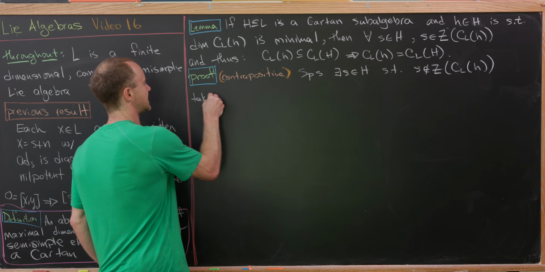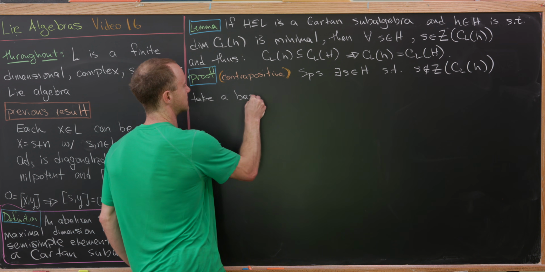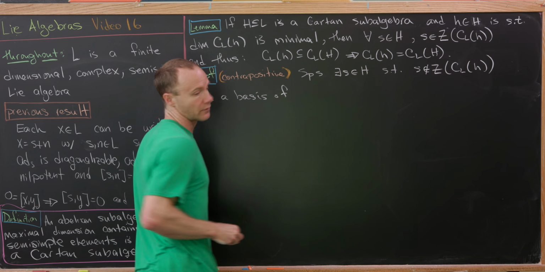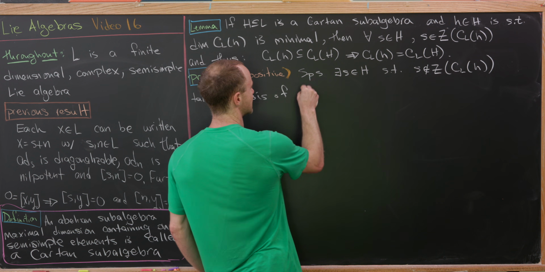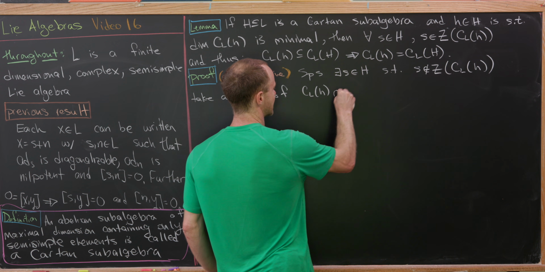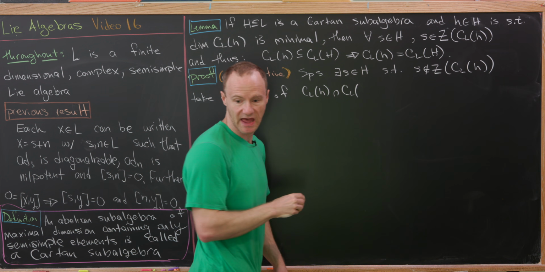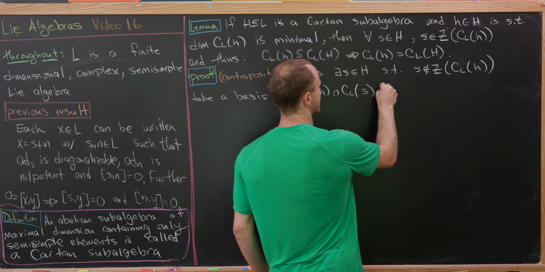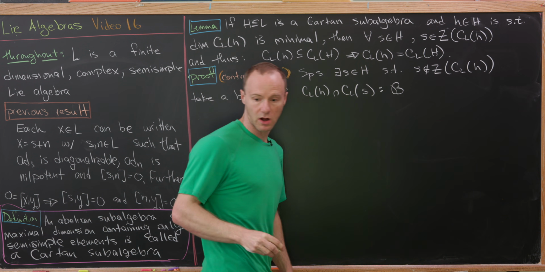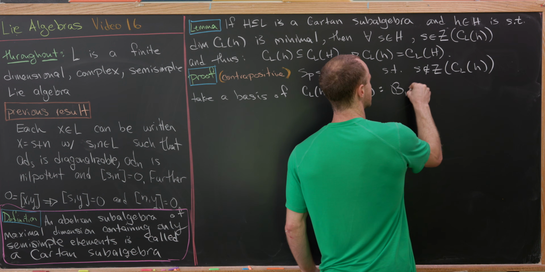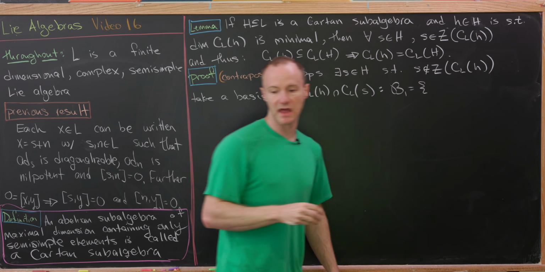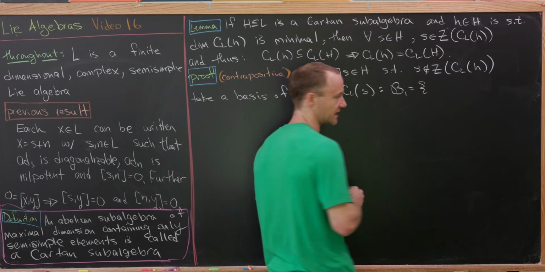So let's take a basis of the following subalgebra. It's going to be C_L(h) intersected with C_L(S). Great. And maybe we're going to call this basis B1. And it's going to be made of things like this.